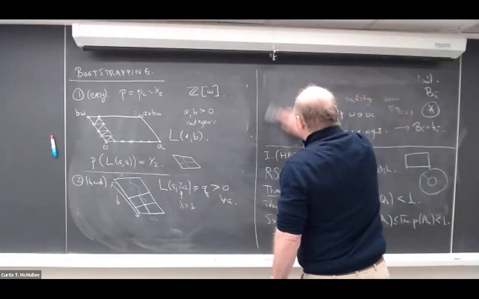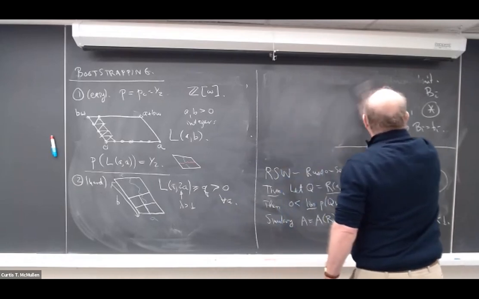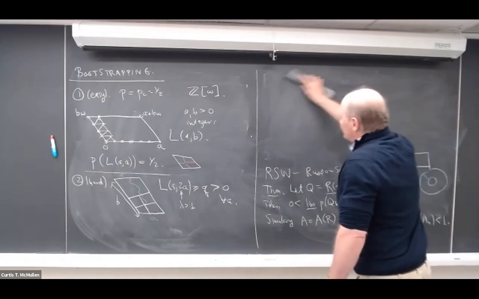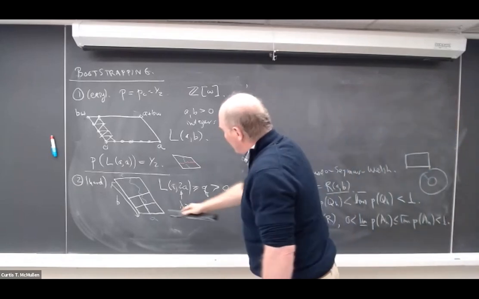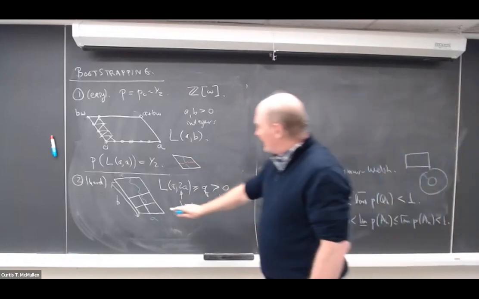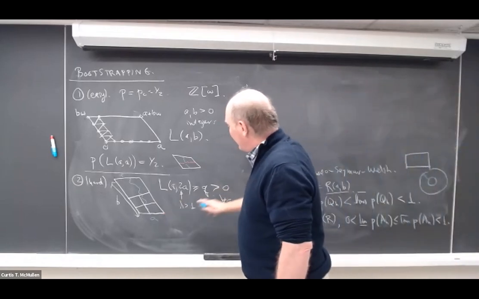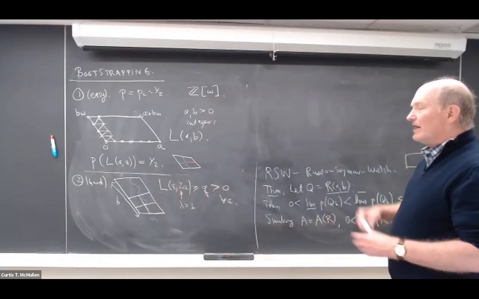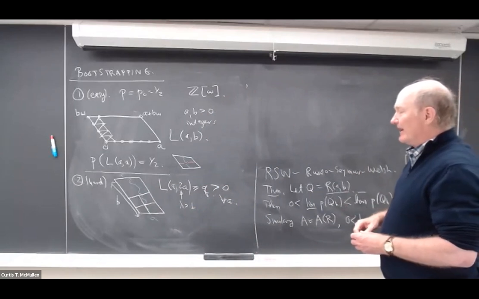And that's kind of amazing. So that's what RSW theory is about: once you've proved that for one oblong parallelogram, you have a definite probability of crossing, it follows for all oblong parallelograms.